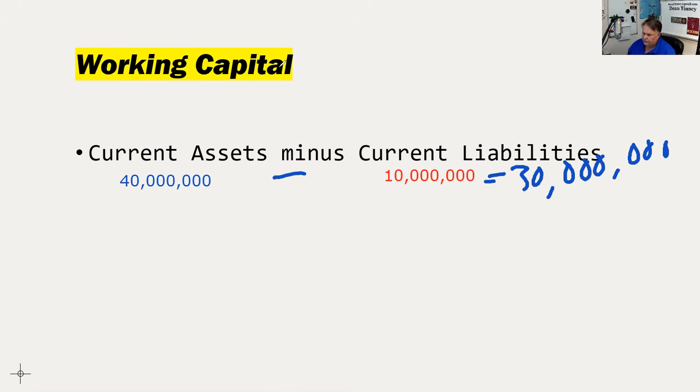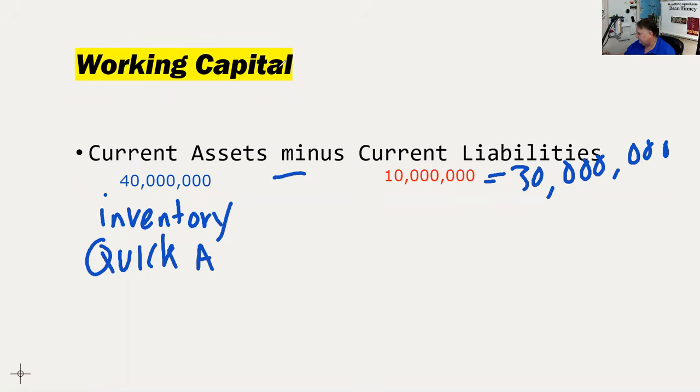Now, there's a couple of other formulas that are based on that, so let's talk about some of those. Of the current assets, some are inventory. And you wouldn't want to have to sell your inventory to pay your bills because, if you have to sell your inventory to pay your bills, you're probably not going to get the kind of price you'd like to get. And so we also have this concept called quick assets.